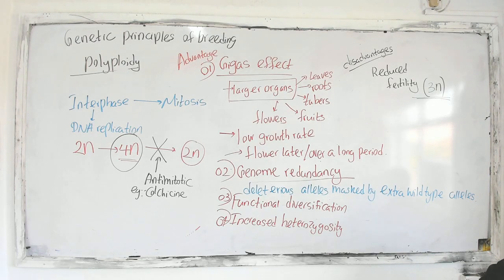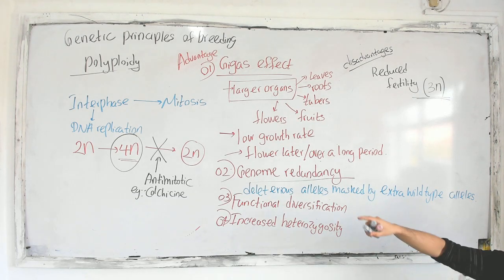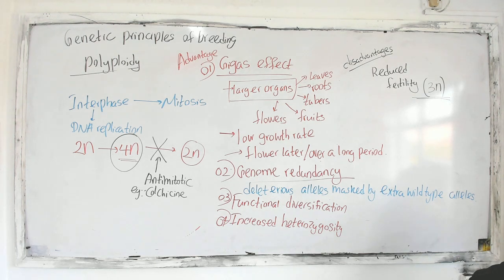Polyploidy can be induced by antimitotic agents. Example, colchicine. If you want, you can write down that. In interphase, there is DNA replication. By stopping the mitosis, we are stopping at the double state. So we are ending up with double DNA sets.